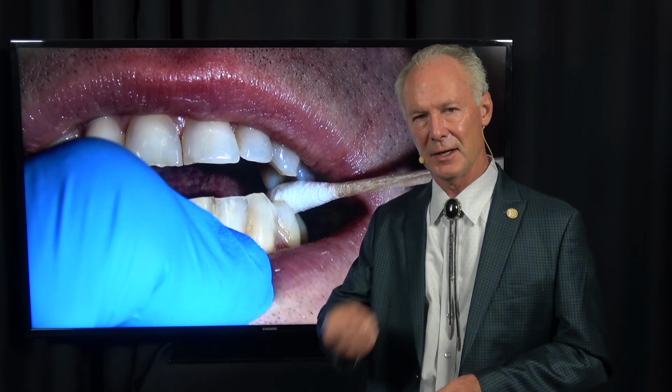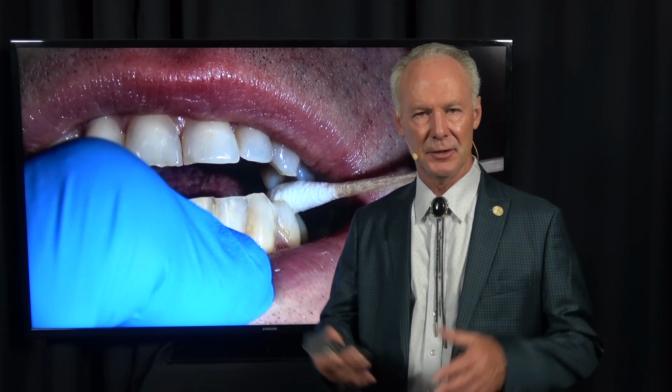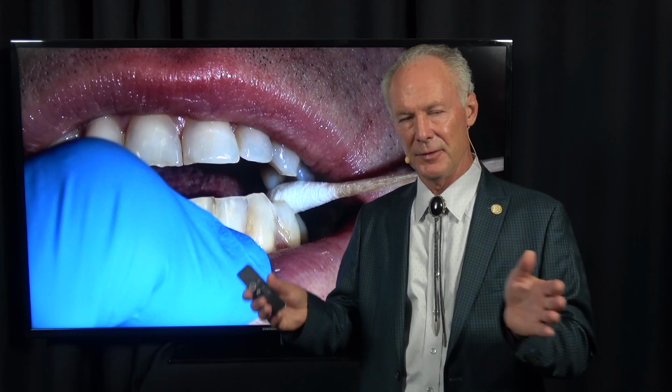Now let me go through that again. If it's an abscess tooth, not always, but many times, the tooth is going to be painful to heat because you have a gangrenous pulp. And if you've ever seen an animal dead on the side of a road, it swells up. That's from the gas gangrene.